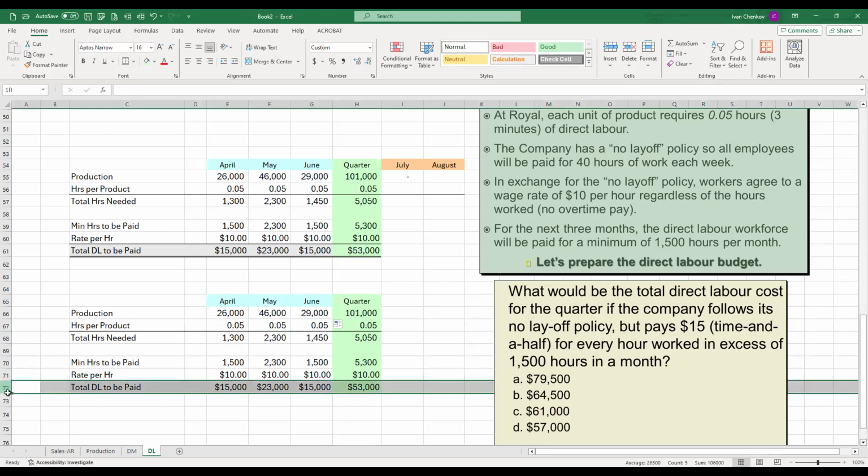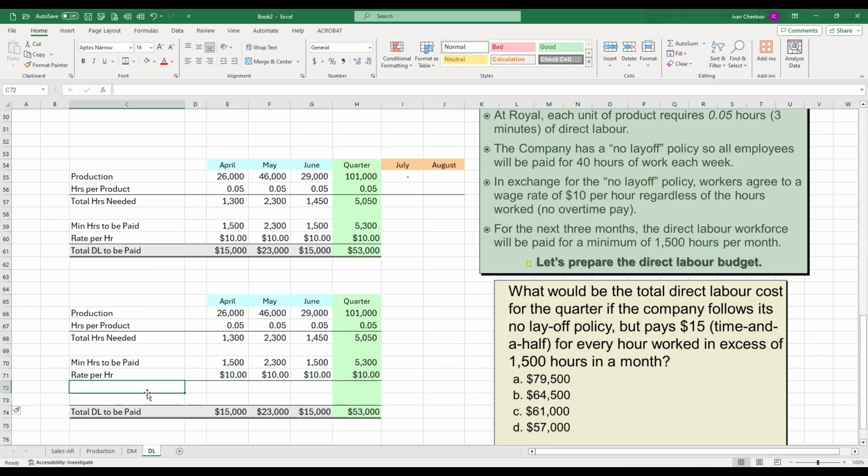So what we have to do? We have to do some adjustments in our formula in order to get it. In which month we have more than 1,500 hours? May. In May. How many hours are over 1,500? 800. For those 800, we have to pay additional $5.